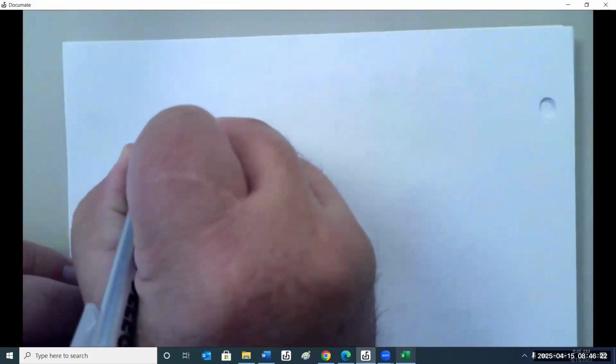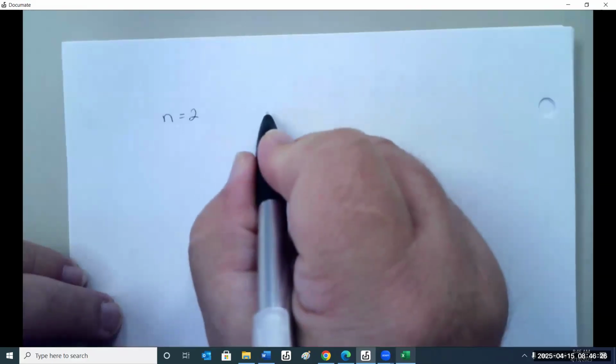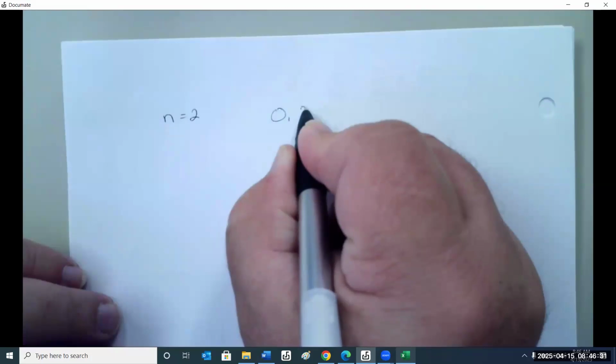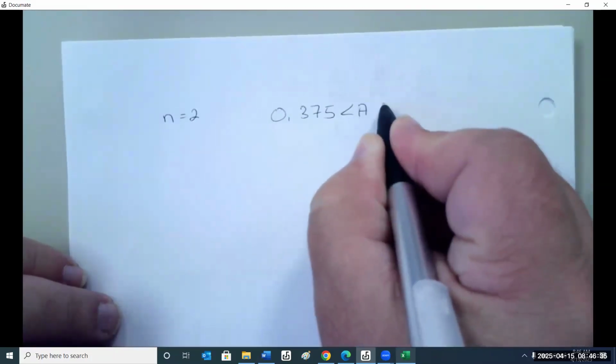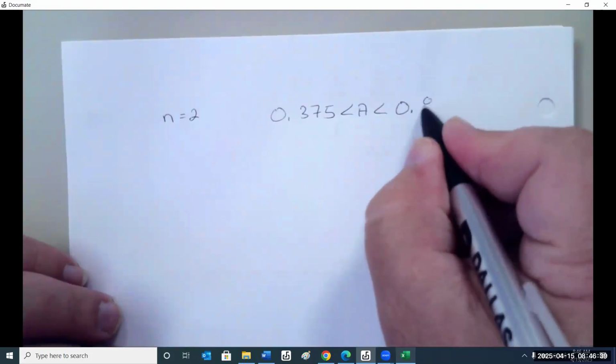All right, so let's look at the last two we did. When n is 2, the number of divisions, our bounds were 0.375 and 0.875.